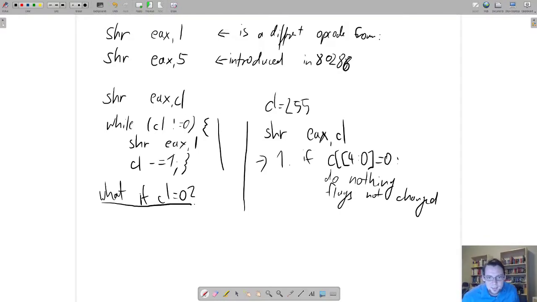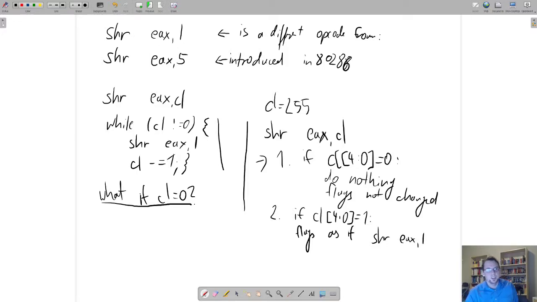Second case is if that count happens to be 1, then it's as if, flags as if, shift right EAX, 1.